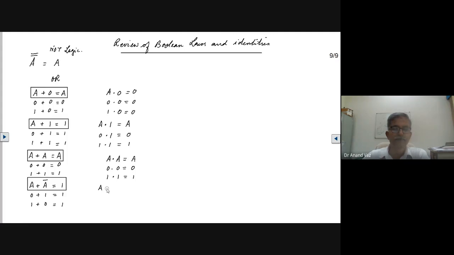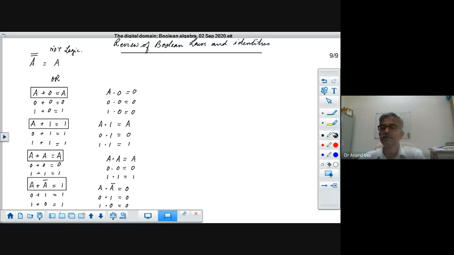And if you take A and complement of A, taking A as 0, ANDing it with 1 will be equal to 0. Taking A as 1, ANDing it with 0 will also be 0. So when you AND A with its complement, you will always get a 0. So again, you can save these identities.